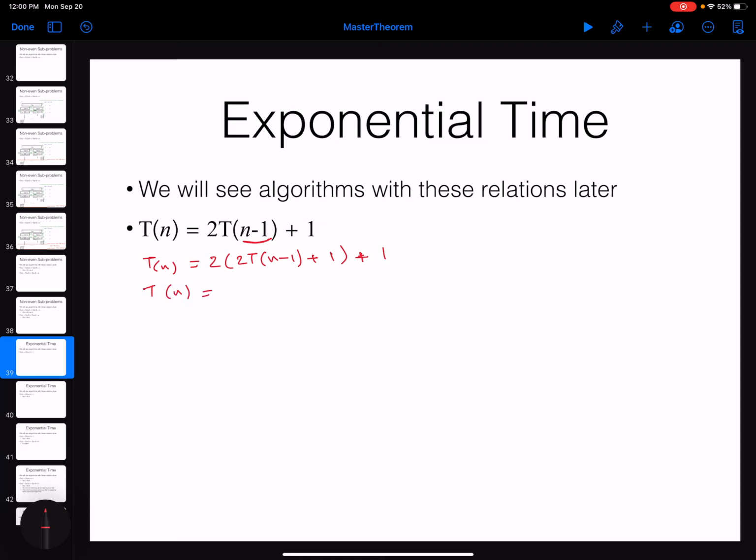So if you simplify, this is going to be 2 to the power of 2T of n minus 2 plus 2 plus 1. And if you keep going, in the second level of substitution, this is going to look like this.